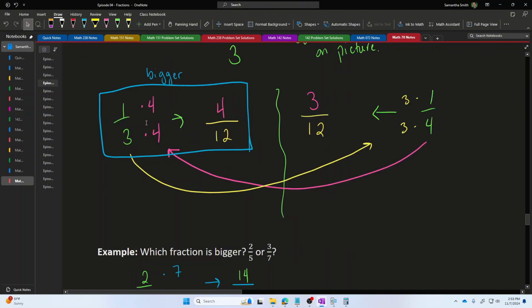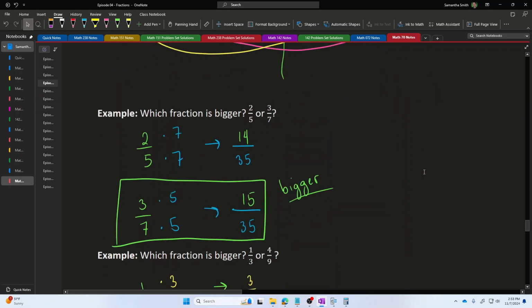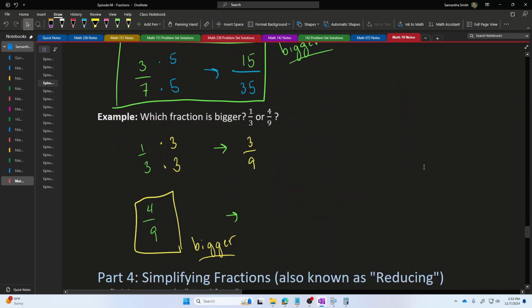And the easiest way to do that back in episode number 4 was just to steal a copy of the denominator of the second fraction and use that to multiply the first fraction and vice versa. That was definitely a way to make 2 fractions have the same denominator. However, sometimes there was a more efficient way to do it, right?